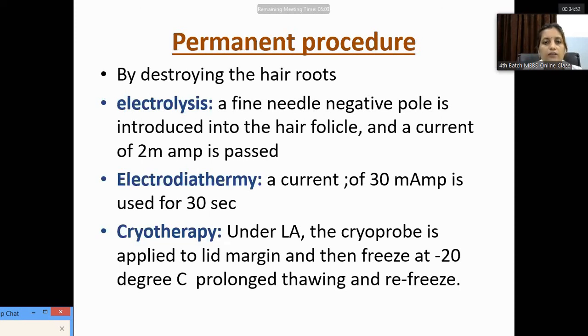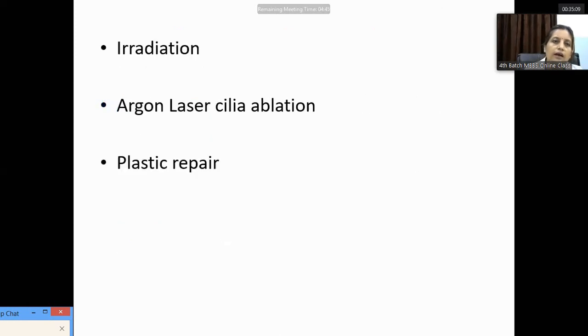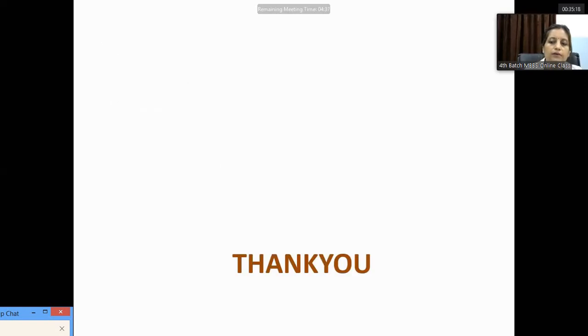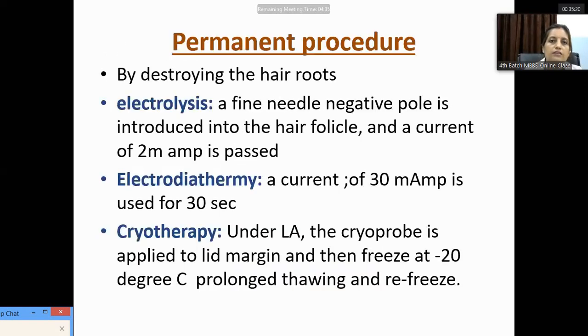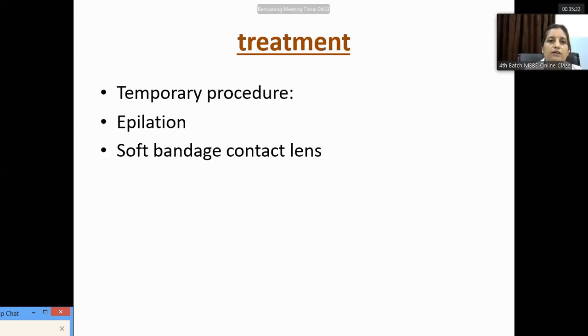Cryotherapy is done frequently: the cryo probe is applied at the lid margins and freezes at -20 degrees centigrade, then is prolonged for thawing and refrozen. Irradiation can also be done with argon laser, CO2 ablation, or plastic repair. So these are the different permanent procedures for trichiasis.